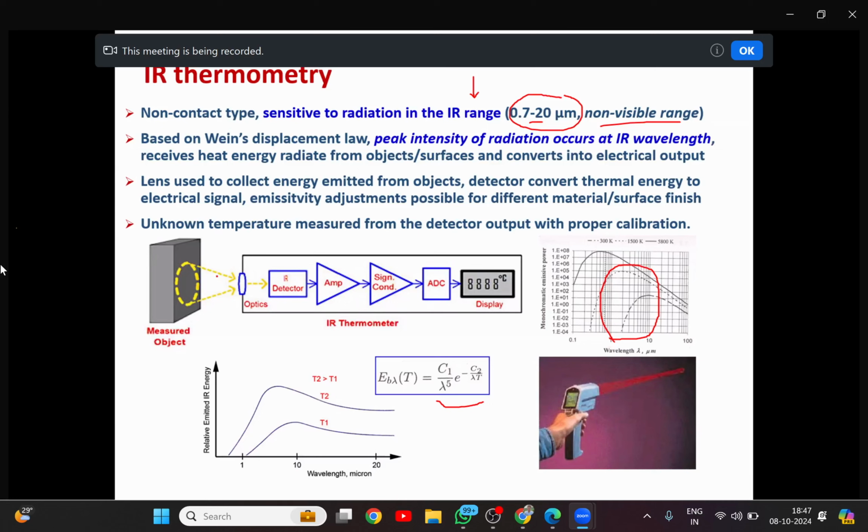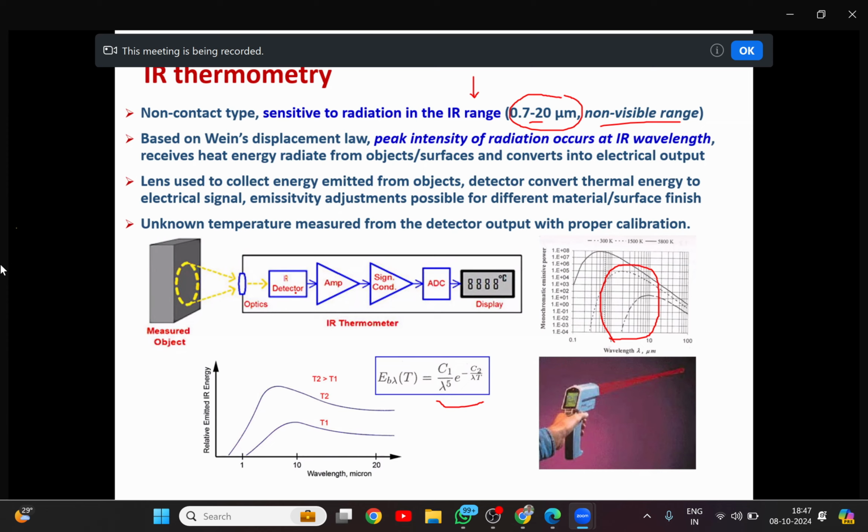This optics collects the wavelengths coming from the target, which may involve a wide range of lights, but you have an IR detector, and this detector is only sensitive to the infrared range.